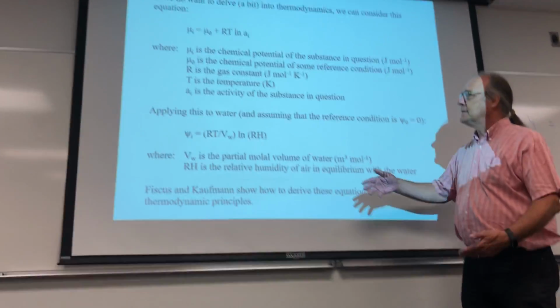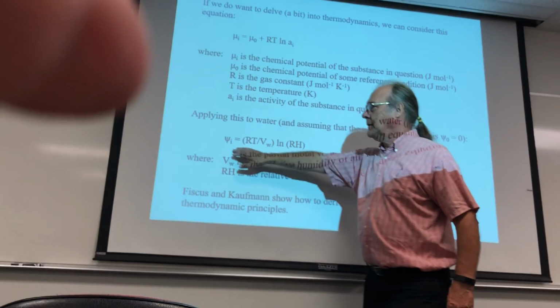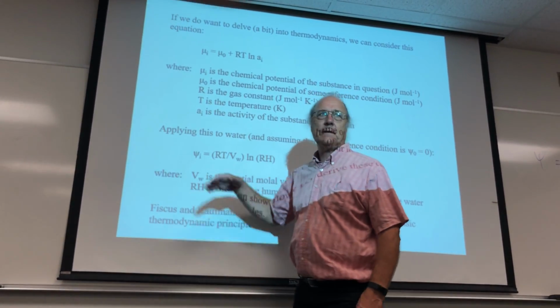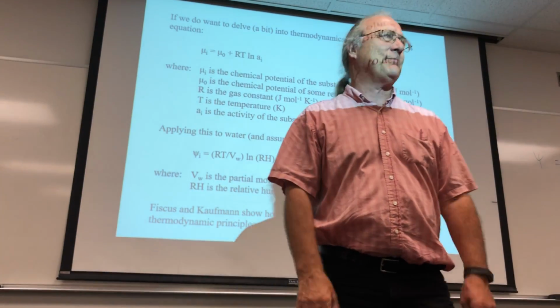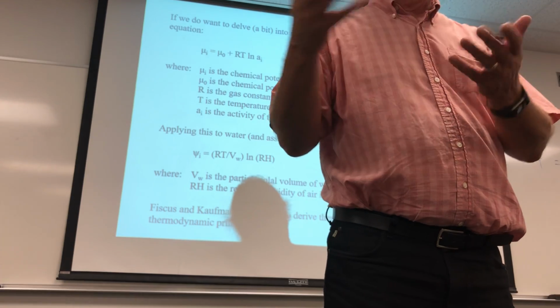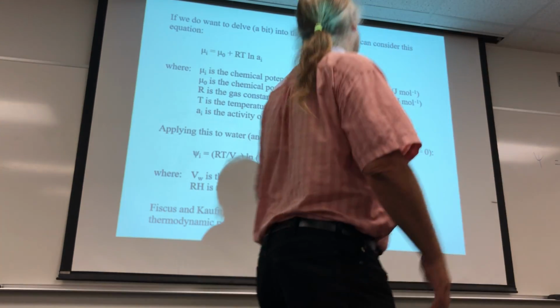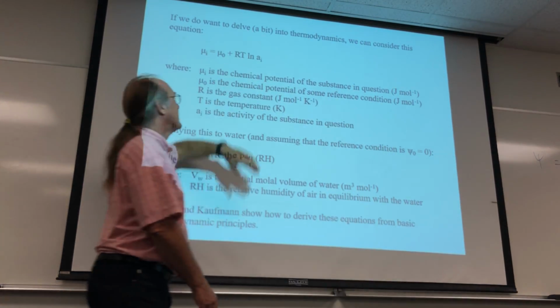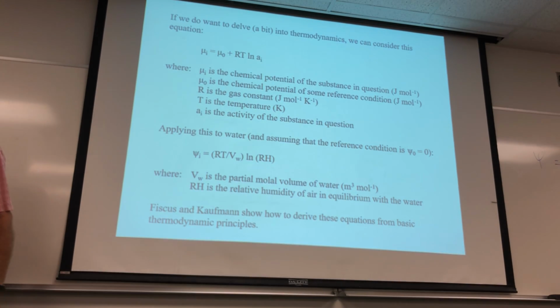I present it just to reinforce the idea that water potential wasn't something people just made up. It comes from physical principles. If you accept thermodynamics, it comes from the assumptions inherent in thermodynamics.